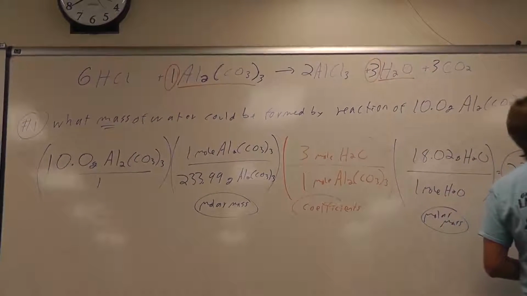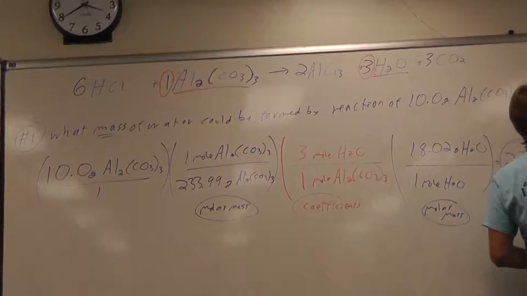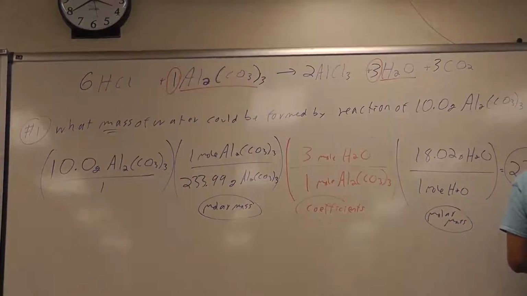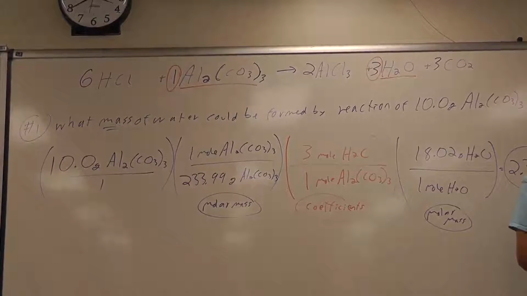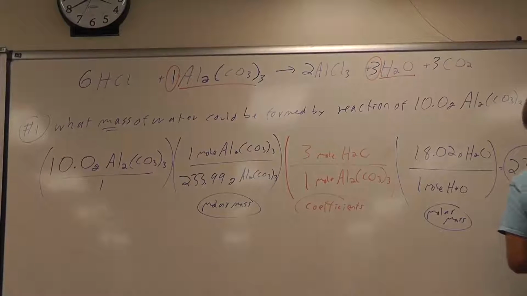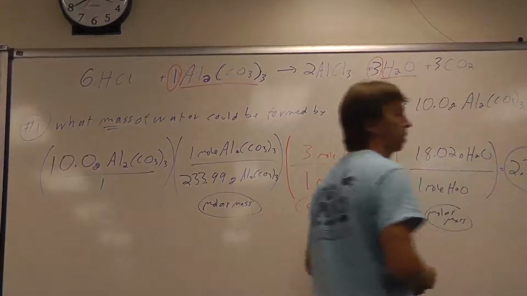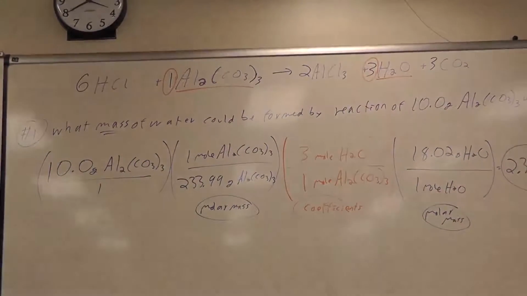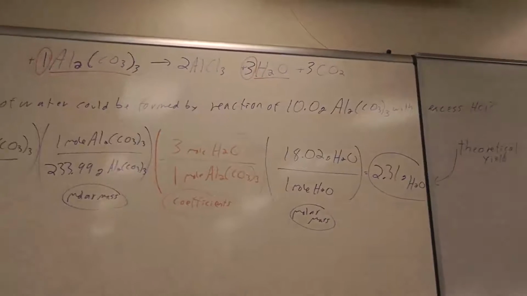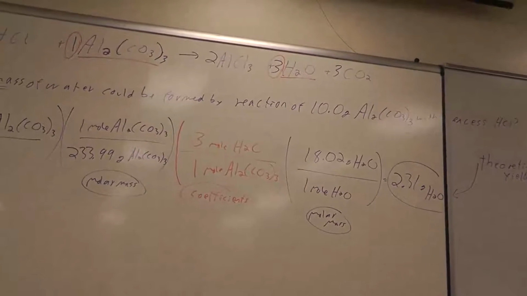This number that we just calculated is really a prediction. It's called theoretical yield. And by definition, this is the predicted amount of product that you should be able to make.